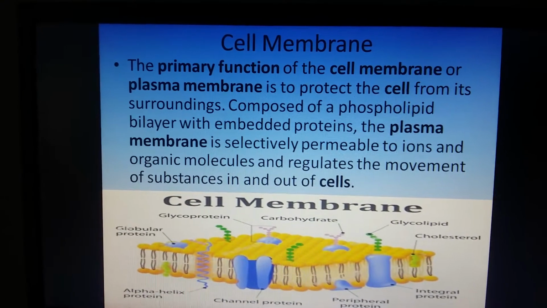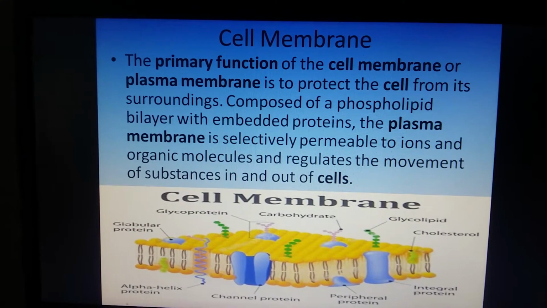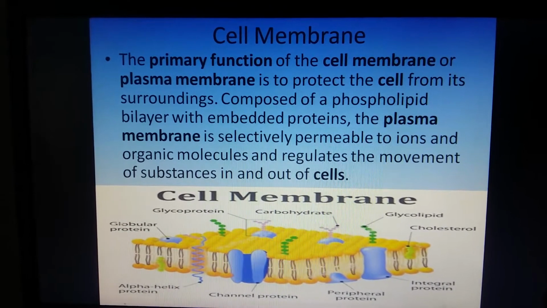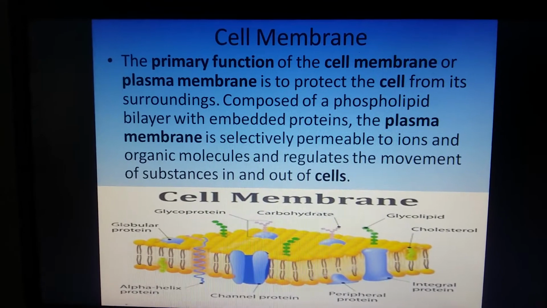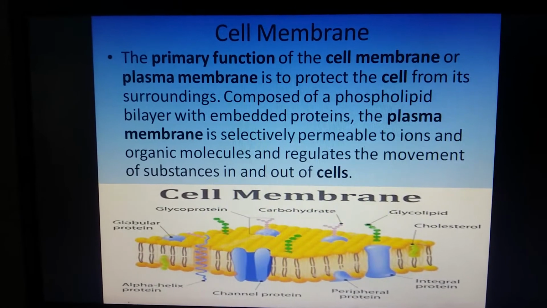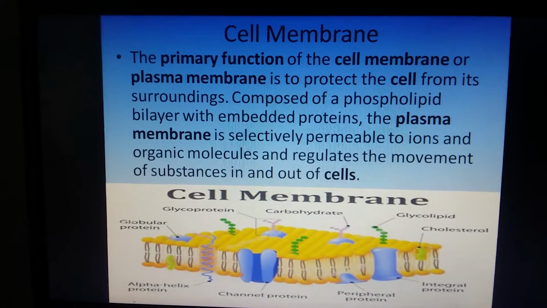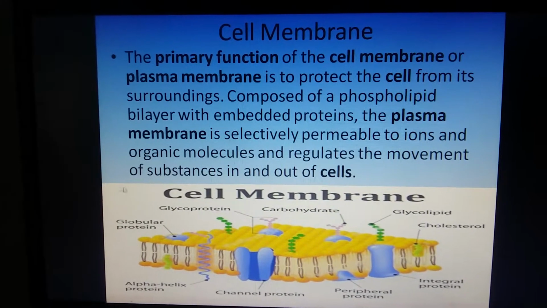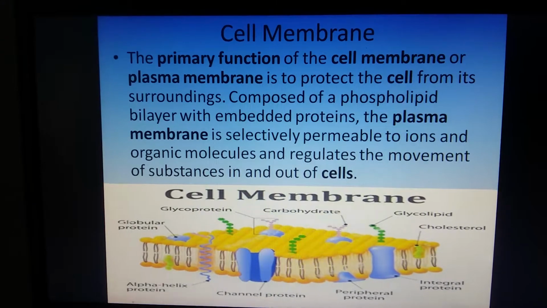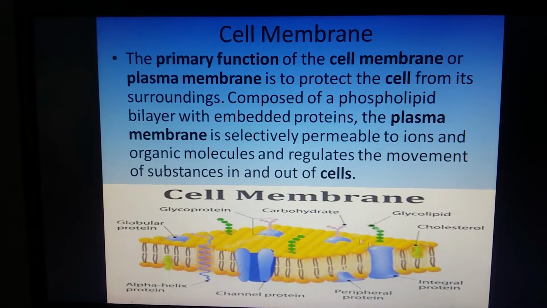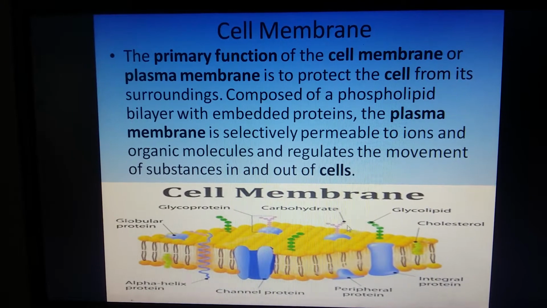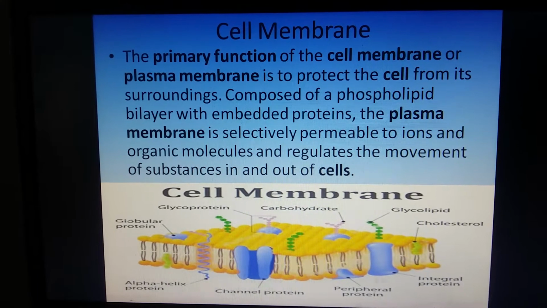First of all is the cell membrane. The primary function of the cell membrane or plasma membrane is to protect the cell from its surroundings. It is composed of a phospholipid bilayer. You can see a double layer of phospholipids with embedded protein in between the two layers.